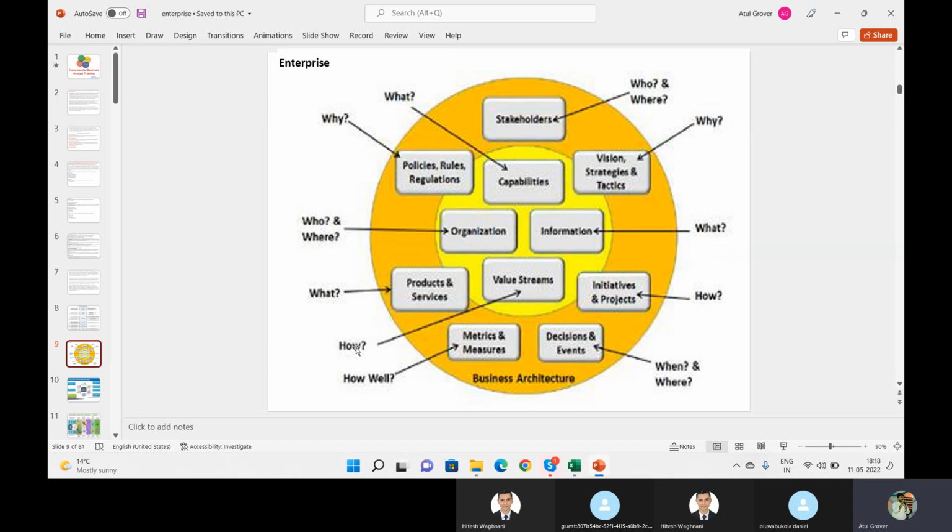And how about value streams. Value streams is a very big word nowadays in the agile methodology. What they're saying is, value streams are like your different departments, or different segments, or different LOBs in your company.